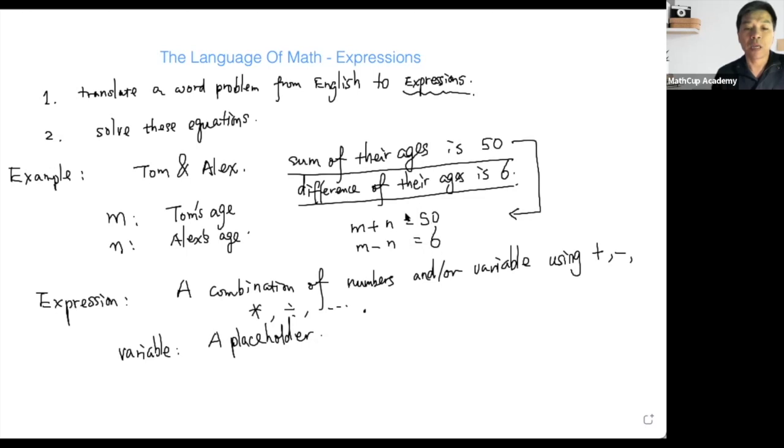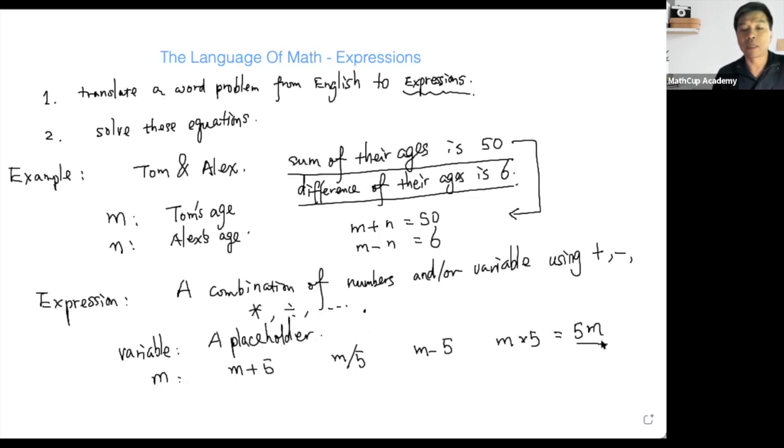And we can combine variables with numbers. Let's say a variable is m. We can combine it as m plus 5, or m divided by 5, or m subtracted by 5, or m times 5. Now, m times 5 can be written as 5 times m, or we can omit the multiplication and just write 5m.